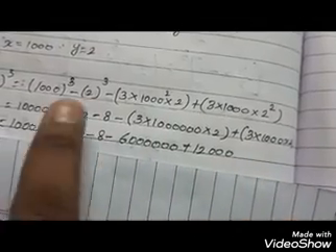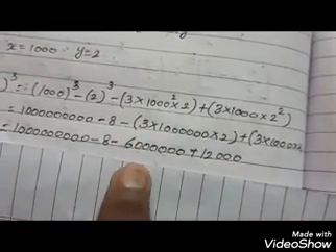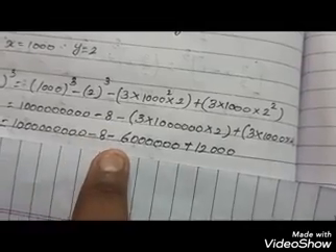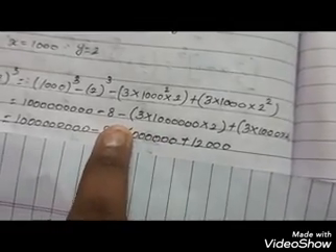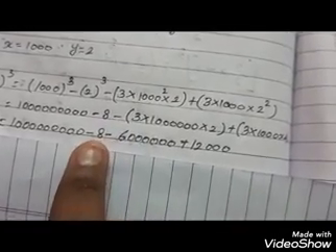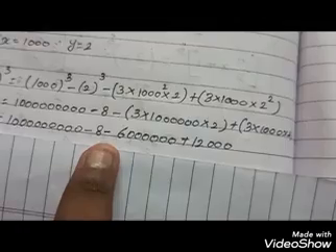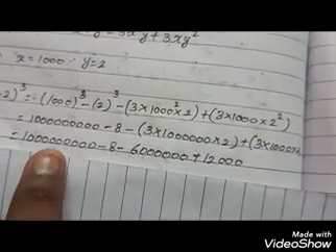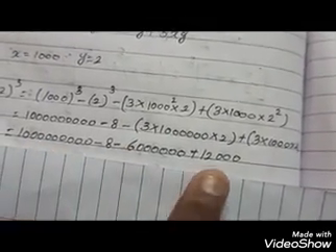So you should add and subtract all of this. Minus 8 minus 60 lakhs becomes minus 60 lakhs 8, so 60 lakhs 8, and then 100 crore 12,000.